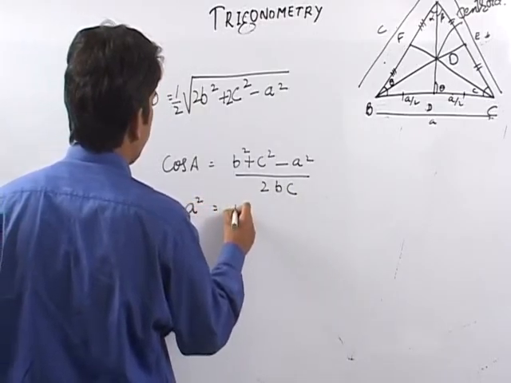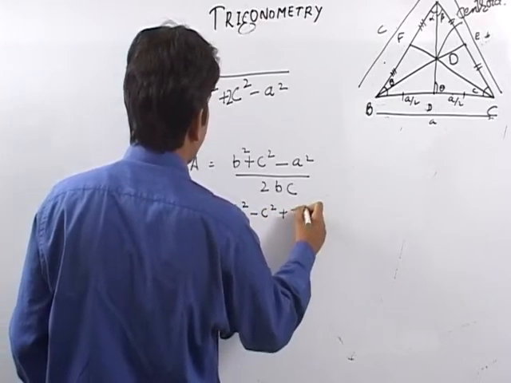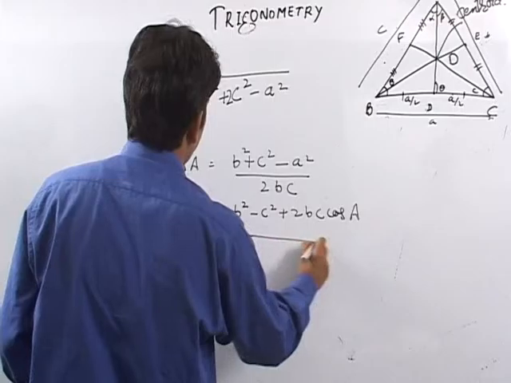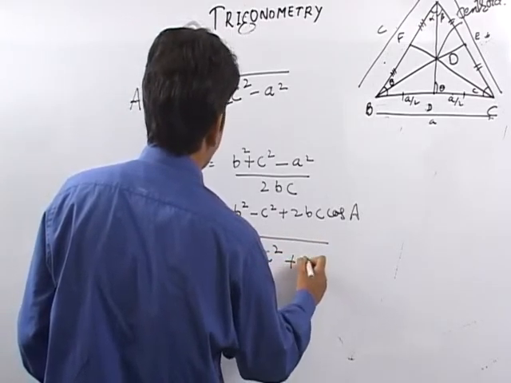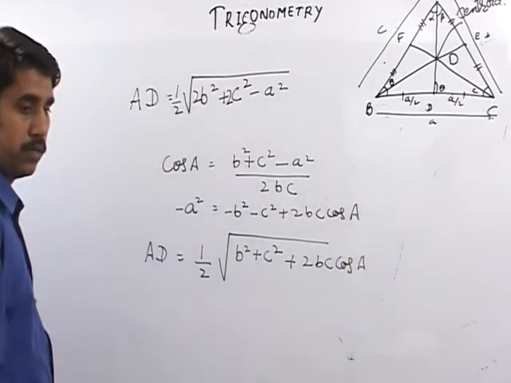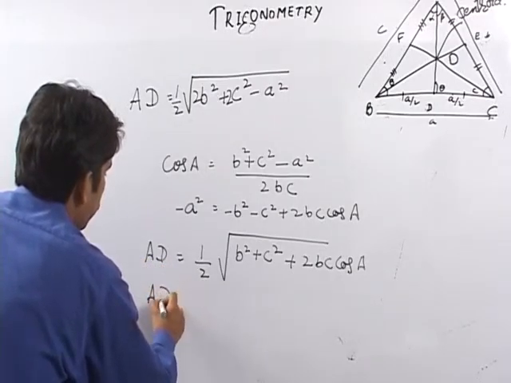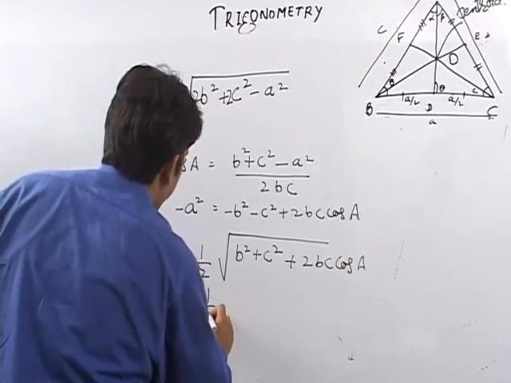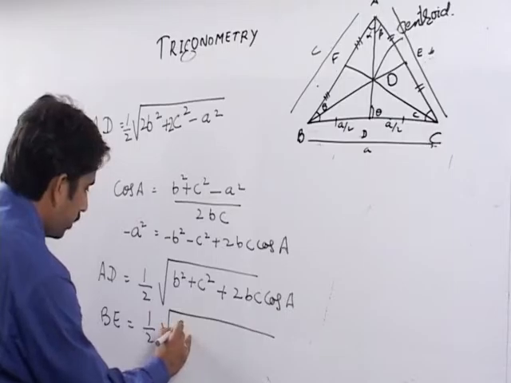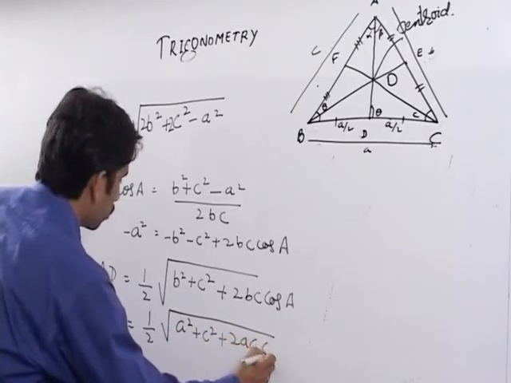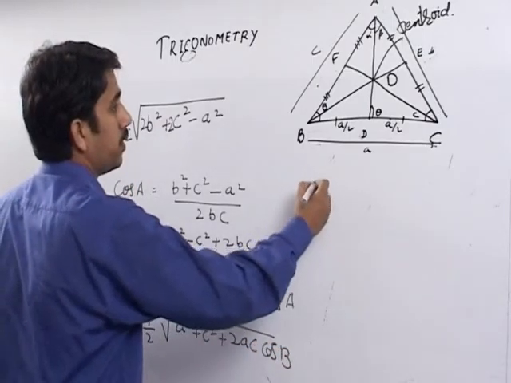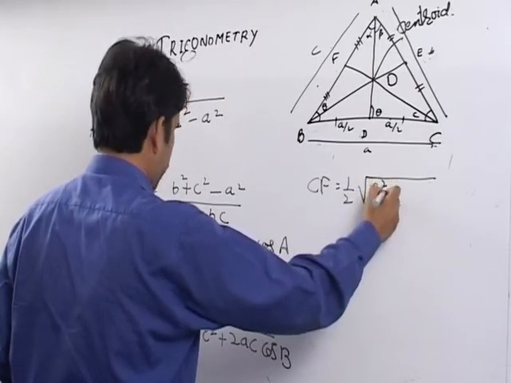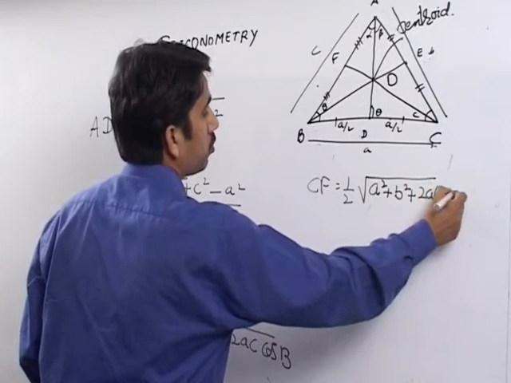So minus A square is equal to minus B square minus C square plus 2BC cos of angle A. So AD is equal to 1 by 2 under the root B square plus C square plus 2BC cos A. In a similar pattern, BE is equal to 1 by 2 under the root A square plus C square plus 2AC cos of angle B, and CF is equal to half the whole under the root A square plus B square plus 2AB cos of angle C.